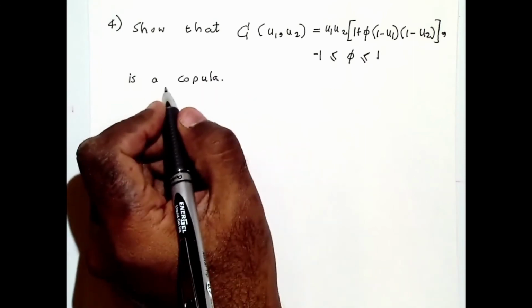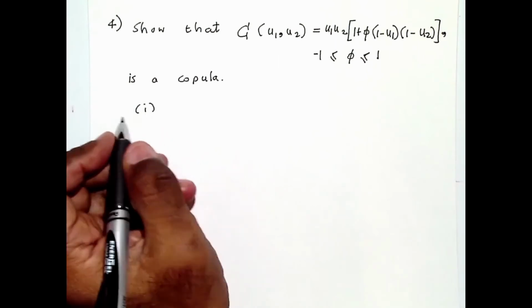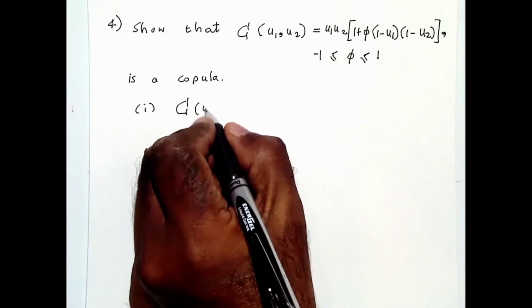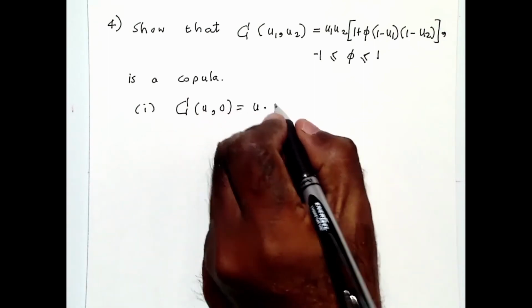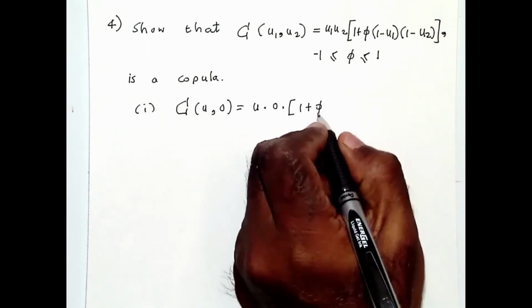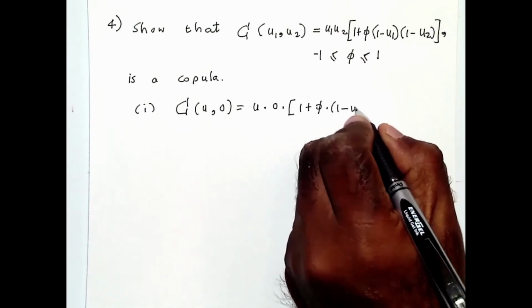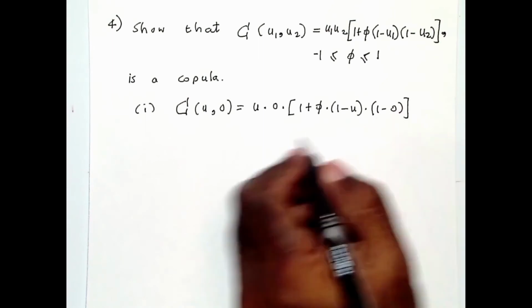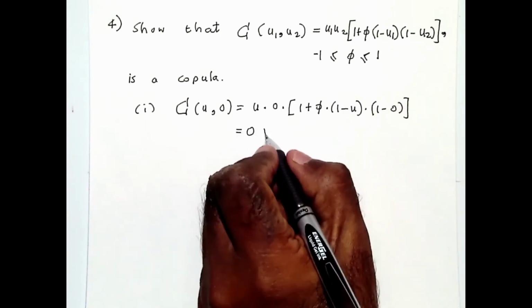Right. So condition 1, we need to show that C at u comma 0 is going to be u times 0 times 1 plus phi times 1 minus u times 1 minus 0. And clearly, because of this 0, this is equal to 0.